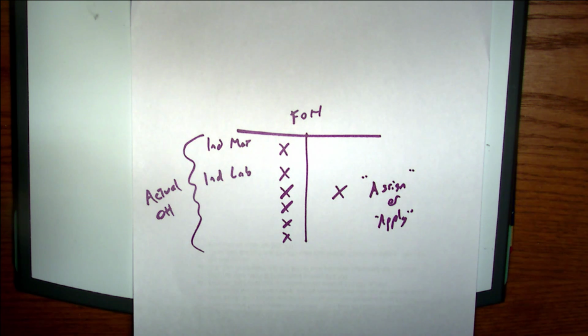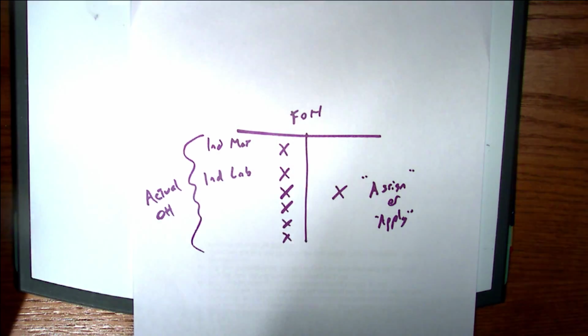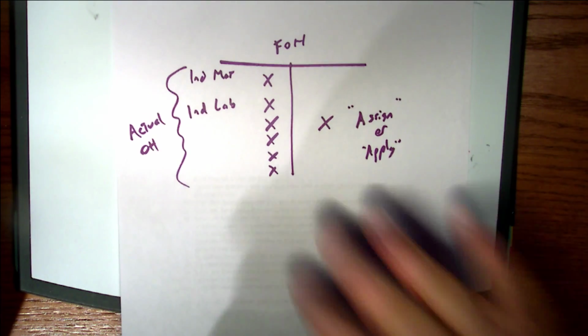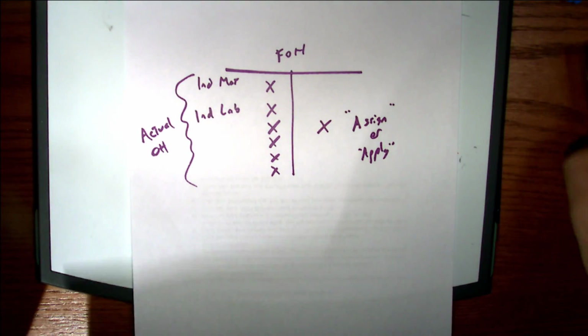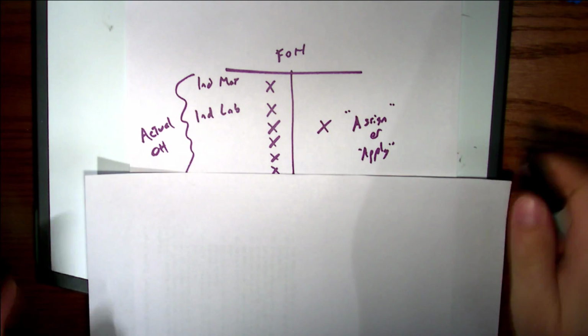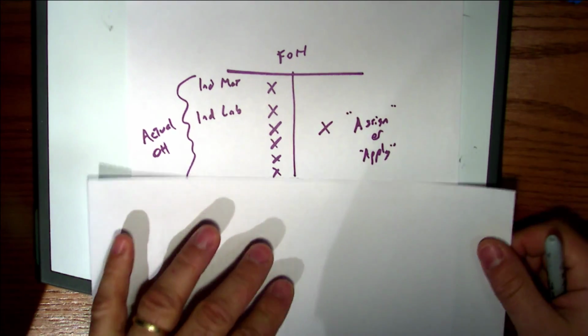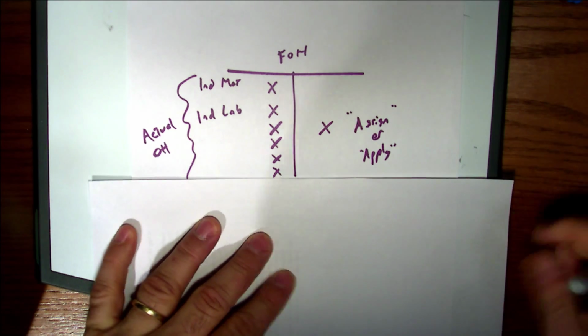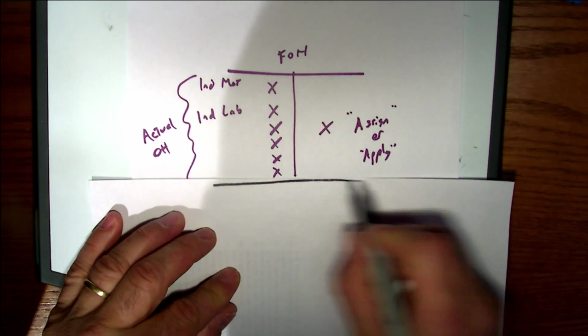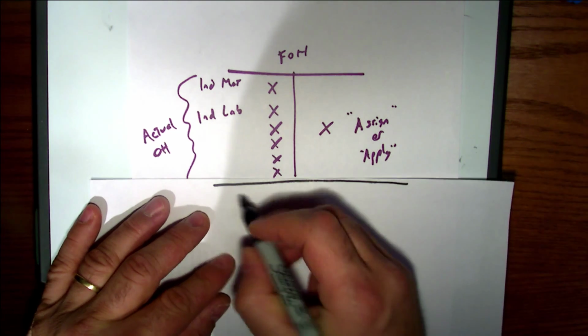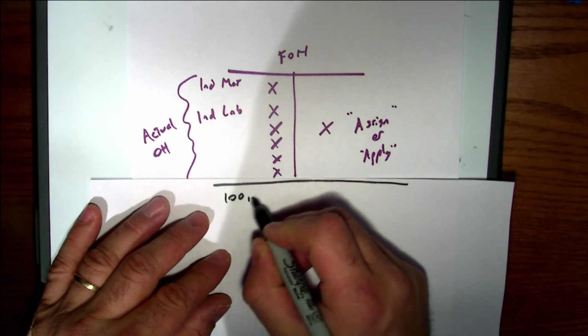All right, now there is the T account for factory overhead, right? And we talked about how the actual overhead is on the debit side and the amount we apply or assign is on the right side, correct? Okay, so let's say that our actual overhead was 100,000.